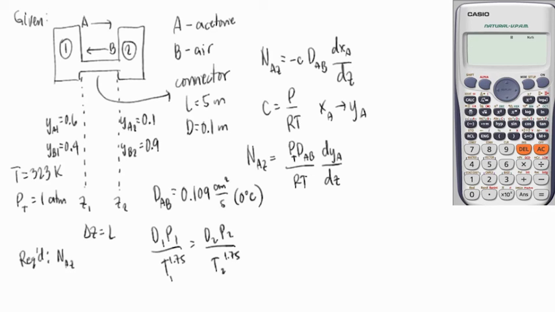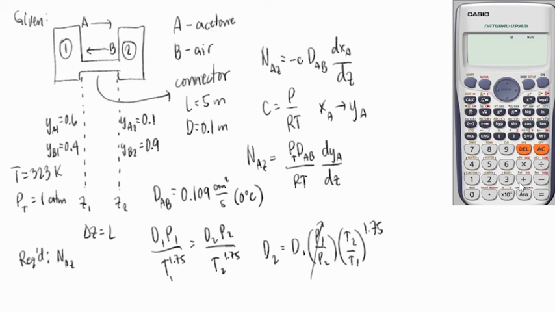So using this, we can determine our new diffusivity, D2, which is equal to D1 multiplied by P1 over P2 multiplied by T2 over T1 raised to 1.75. Since the given pressure in the table is 1 atmosphere and our system pressure here is 1 atmosphere as well, we no longer need to convert the pressure. What we need to convert is our diffusivity in terms of the temperature.